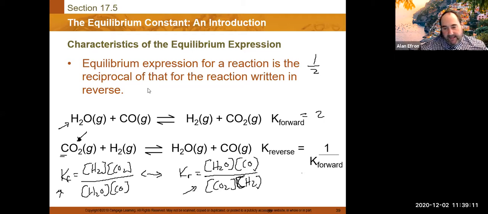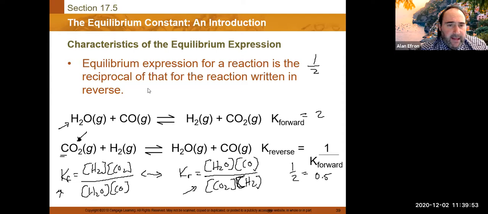This sometimes occurs in problems. I don't know if we'll get into a lot of this in this chapter or class, but definitely in 1B you will. If you're given the top reaction and told the equilibrium constant is 2, and then asked for the equilibrium constant of the bottom reaction, that is how you would find it. You take 1 over the K value. Any questions on that?